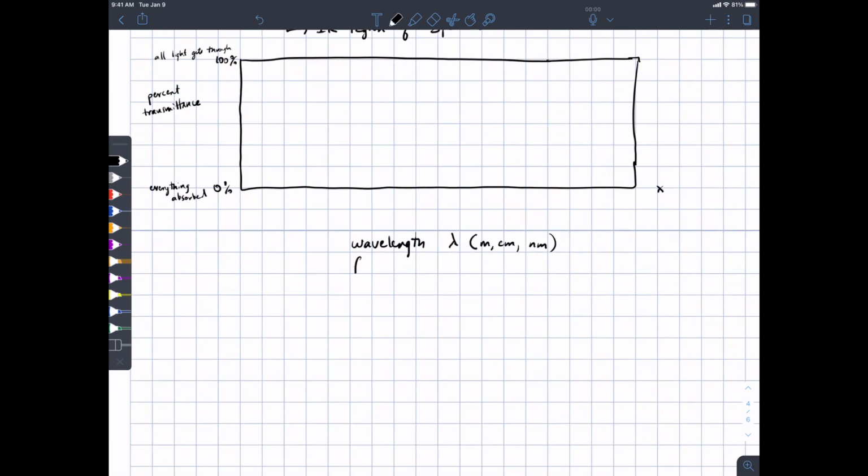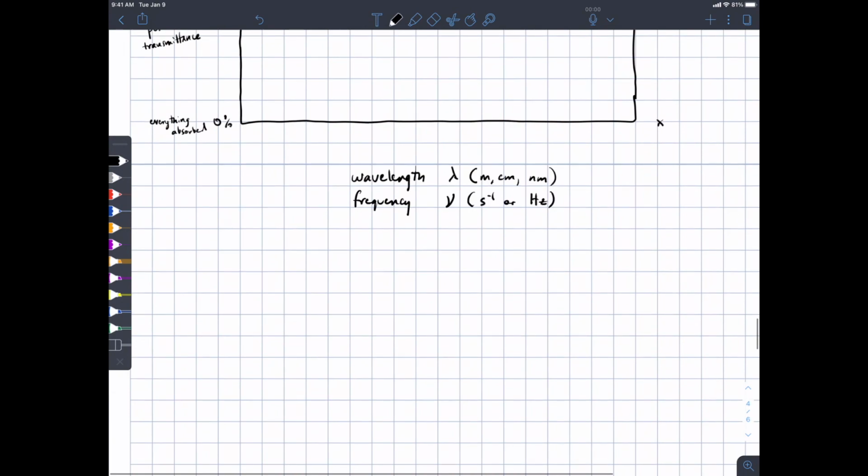Or alternatively, we could use frequency, which is in inverse seconds or hertz, number of waves per second. But that's not what the folks who invented IR chose to do. So energy of a photon is equal to Planck's constant times its frequency, right? And the speed of light is also equal to wavelength times frequency. That's physics.